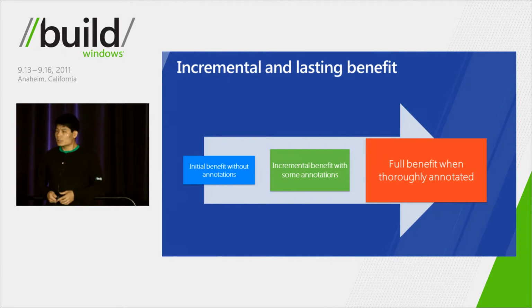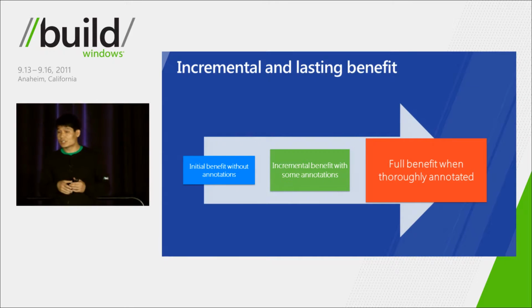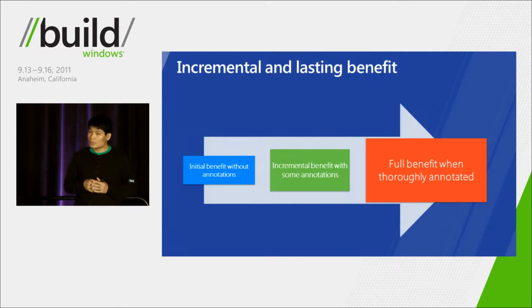So now you may ask the question, what if I'm working on a fresh code base without any annotations to begin with? Well, the good news is that if you don't have any annotations, the analyzer is still smart enough to find certain classes of defect patterns right away. So you get the initial benefit out of the box.